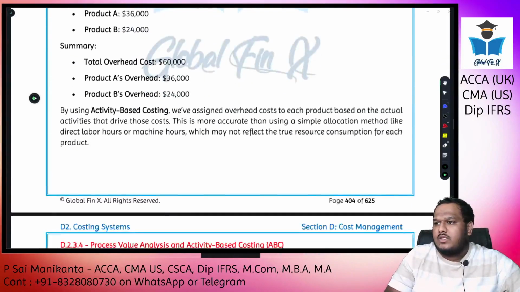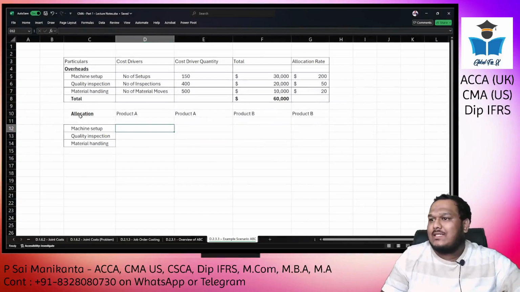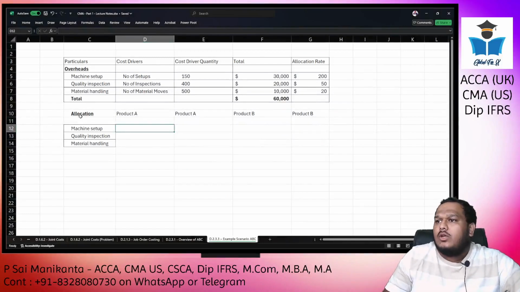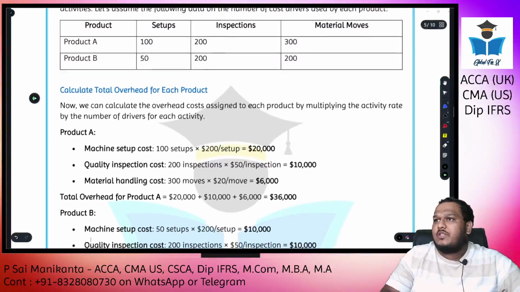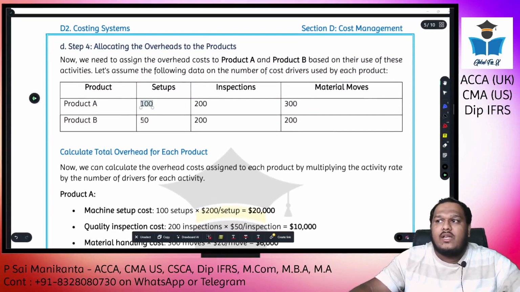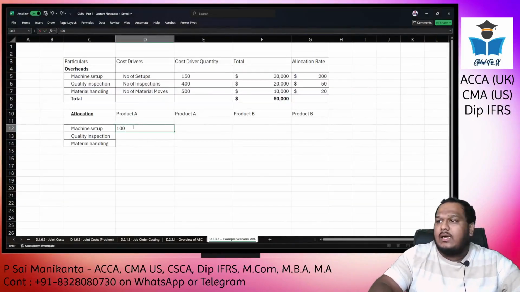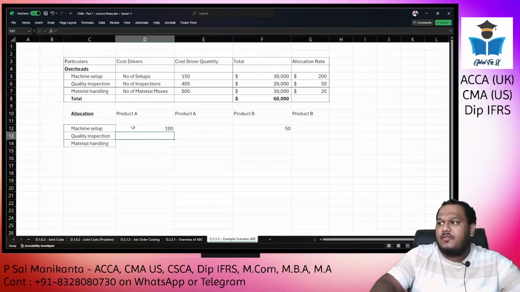I'm just trying to see what would be the best way to present this solution to you. First, let's take the information given. Product A requires 100 setups and product B requires 50 setups.